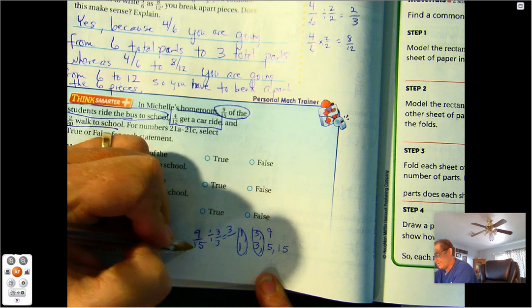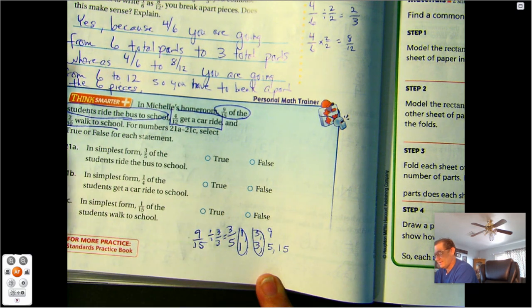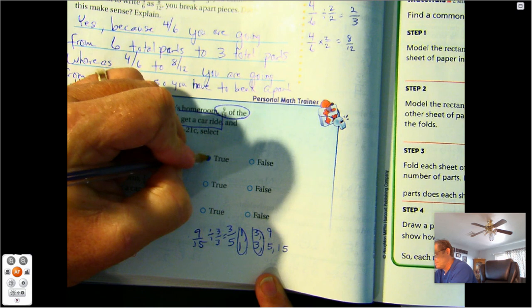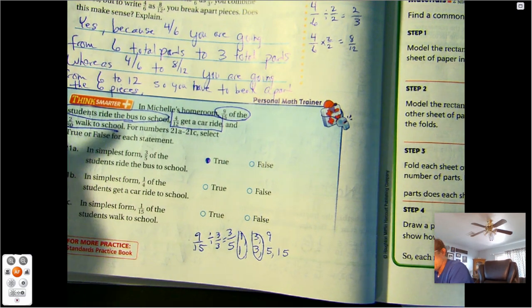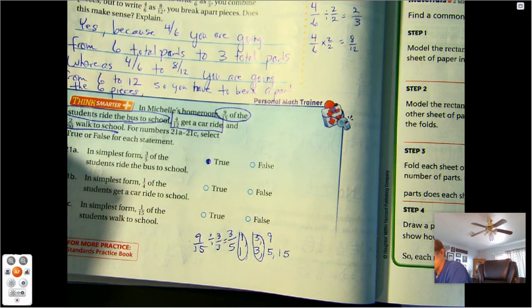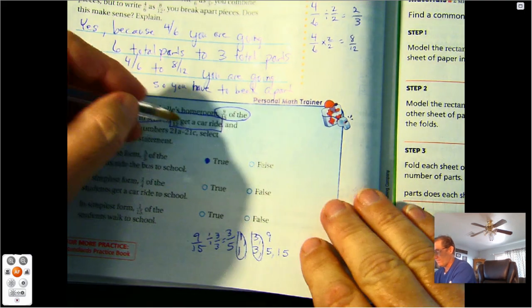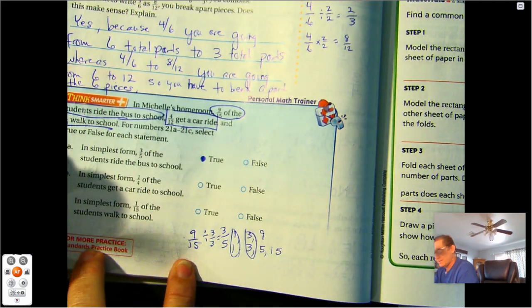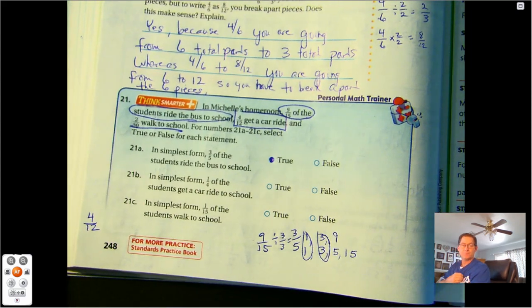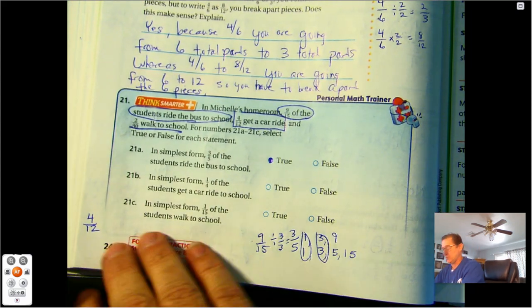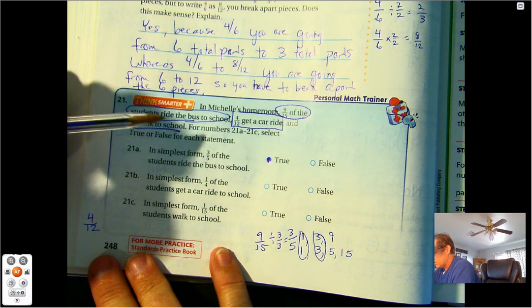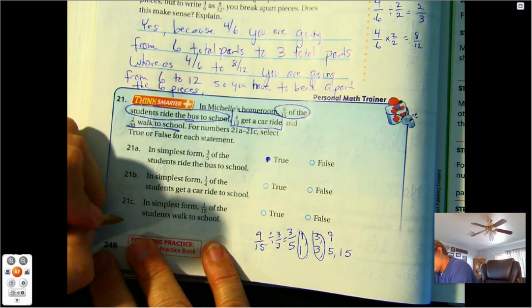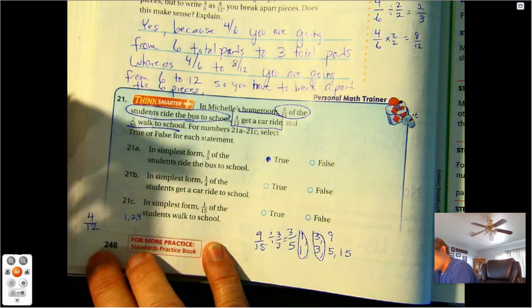In simplest form, 1/4 of the students get a car ride to school. 1/4. So we have 4/12 students getting a ride to school. And we want to see if that equals 1/4. So factors of 4 are 1, 2, and 4. Factors of 12 are 1, 2, 3, 4, 6, 12.